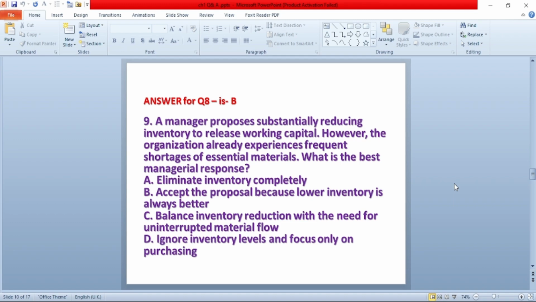B. Accept the proposal because lower inventory is always better. C. Balance inventory reduction with the need for uninterrupted material flow. D. Ignore inventory level and focus only on purchasing. The answer for this question is C. Balance inventory reduction with the need for uninterrupted material flow.